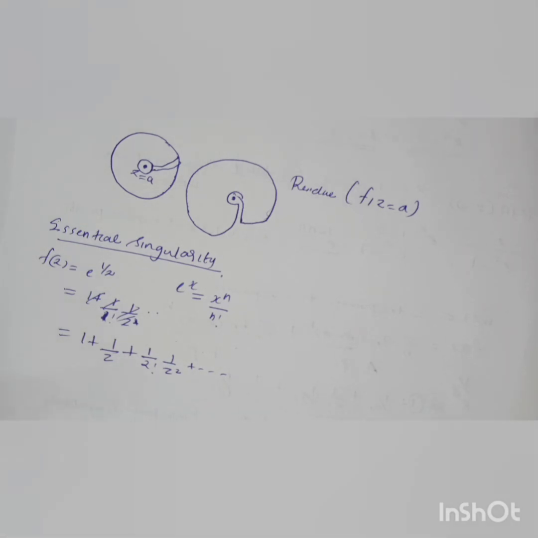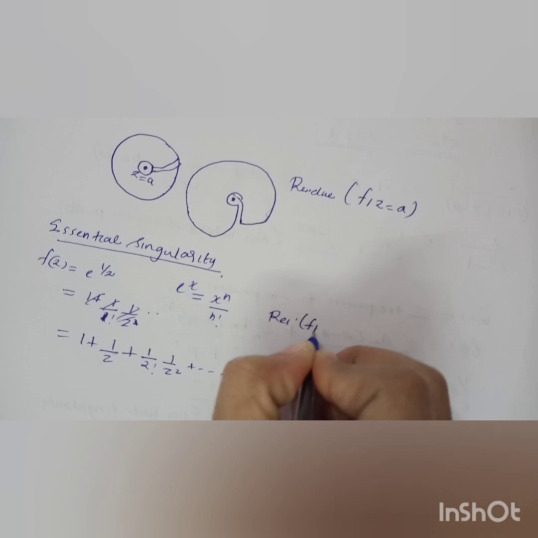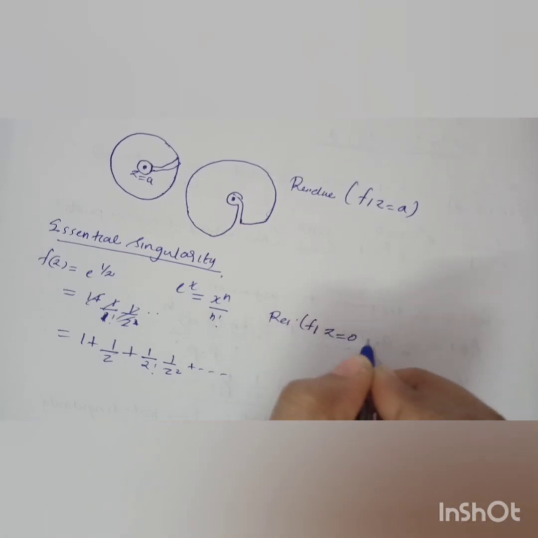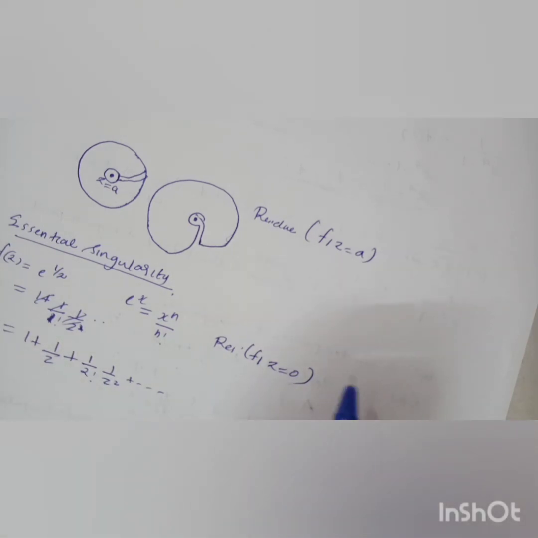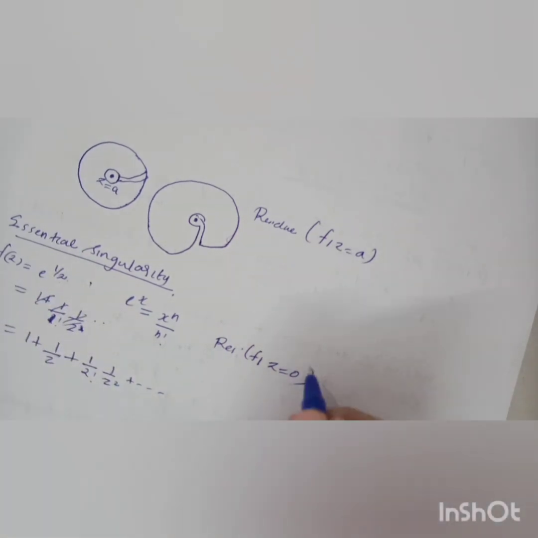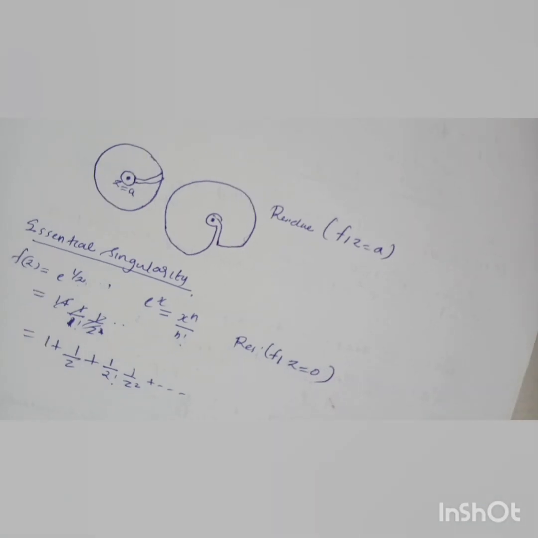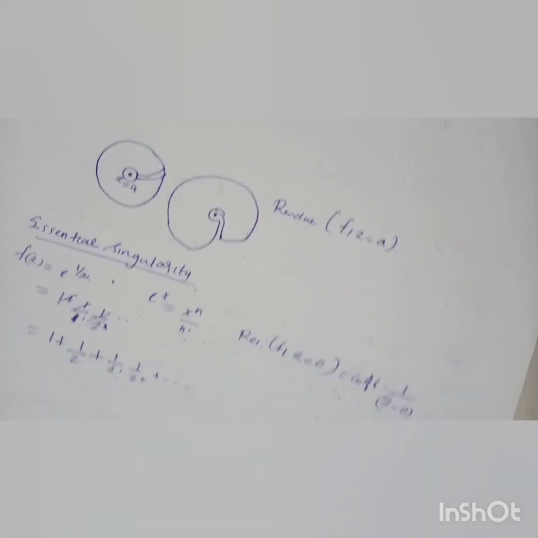To find the residue for this essential singularity, the function at z is equal to 0 is the singular point, because e raised to 1 by 0 is e raised to infinity, which is infinity. So the coefficient of 1 by z minus 0 will give you the residue.